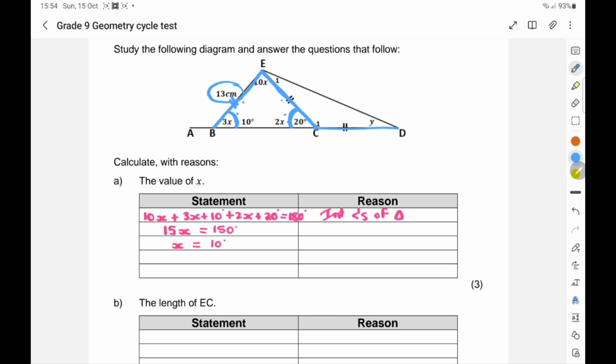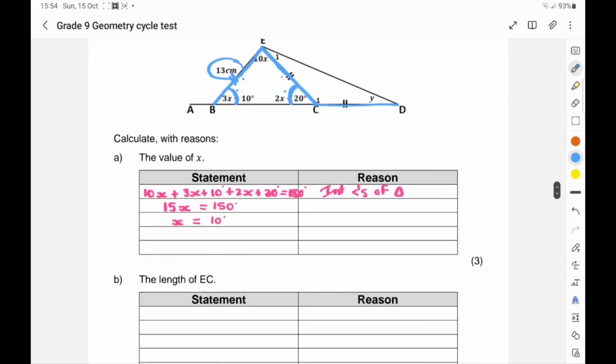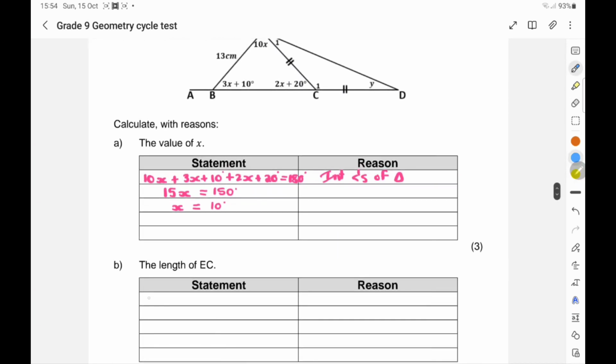Okay, I'm going to get it right now. So angles opposite equal sides, or opposite sides to equal angles. Okay, so let me go and replace that. Let me just clear up here so that we can see those values nicely. Okay, so we're going to replace for 3 times 10 plus 10 gives you 40 degrees, and 2 times 10 plus 20 gives you also 40 degrees.